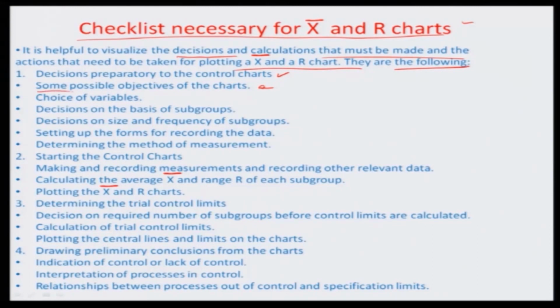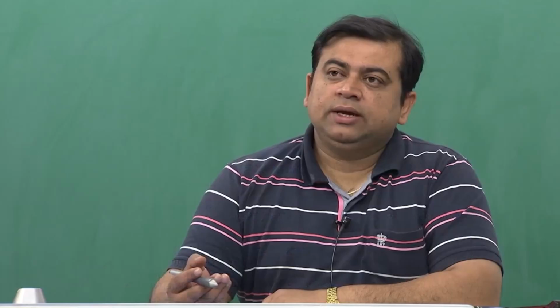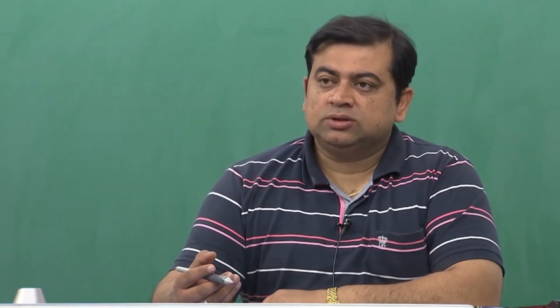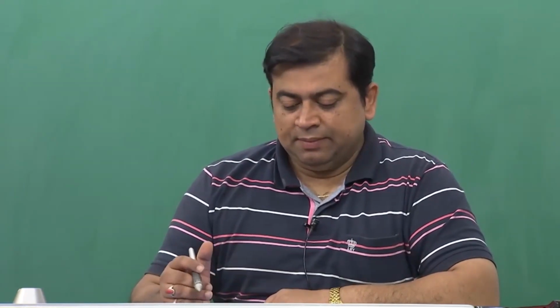For example, you are monitoring a slot width of a milled product, doing a face milling operation, or a slot milling operation, trying to create a slot within that product. One of the recordings that could be made in such a control chart is to see whether the particular dimension that has to be slotted is being maintained.